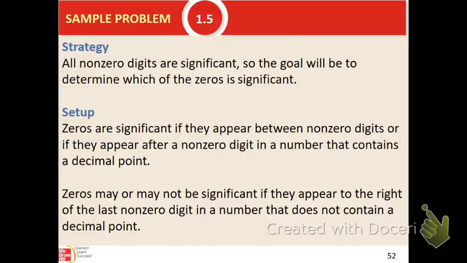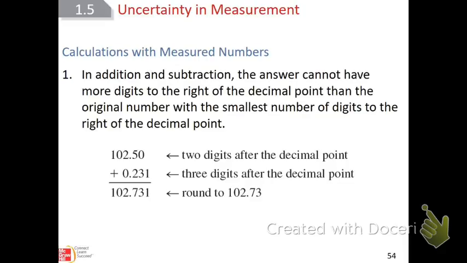If you are adding or subtracting, it makes good sense to ask where is your guess? It's always, always, always at the end. So if your guess is at the end, and I'm going to highlight it here, that means that in this top number, that 102.50, that 0 at the end is a guess.